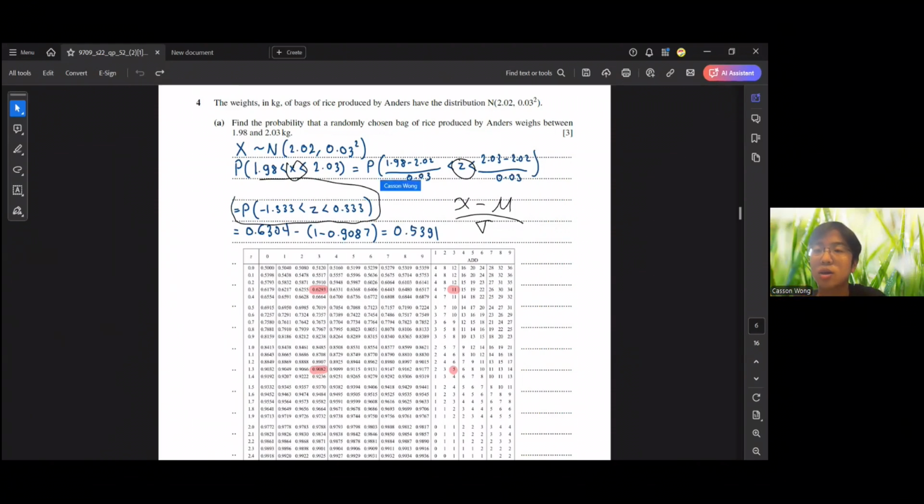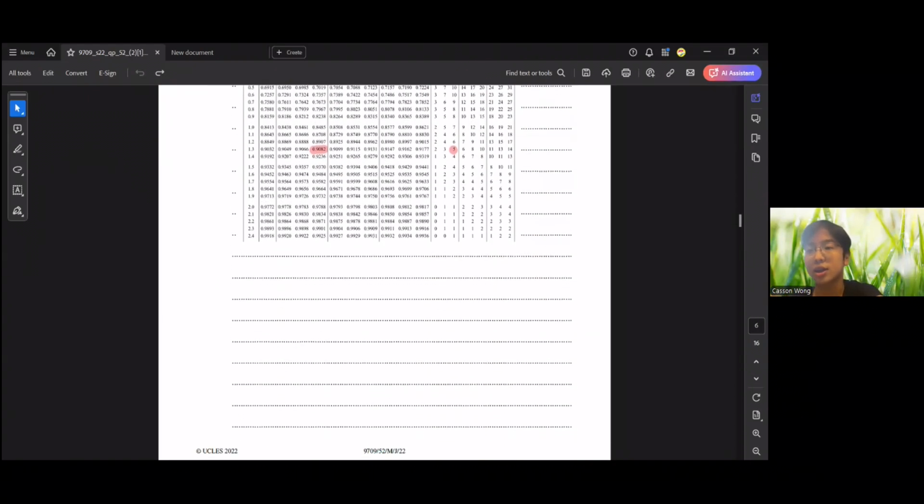So from the table, we find 0.333, which is this, and negative 1.333, so 1 minus 1.333 in the table, and the answer is 0.5391. Okay, next.